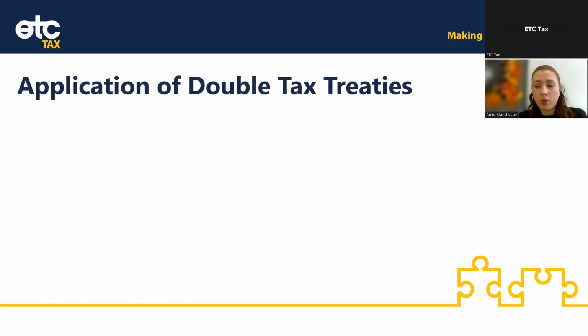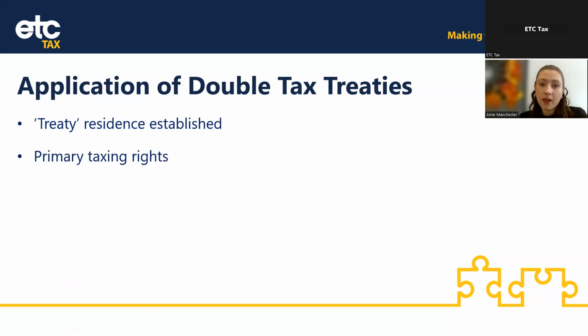Just a little bit more about double tax treaties. As we've just mentioned, they can help establish treaty tax residence, and can help determine which country gets primary taxing rights on certain types of income, so we can determine which country will tax income in priority to the other.